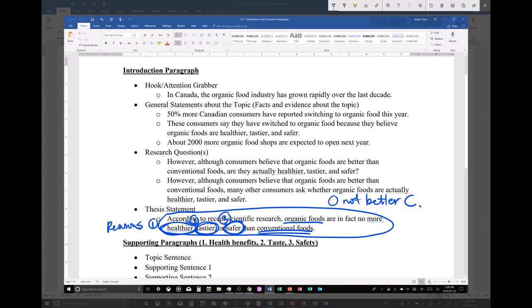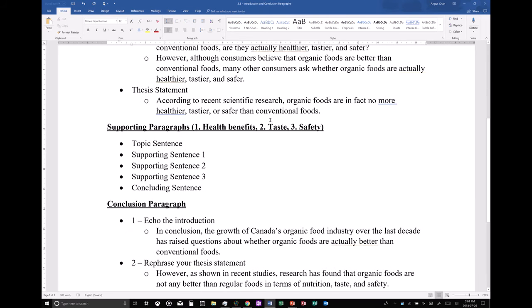And what we're going to do in our supporting paragraphs is to develop each reason, starting with 1, then 2, then 3. So we're going to use this lecture to help us develop our body paragraphs. So the first thing we could do, if you started making this, or if you haven't, you should start now, make an outline like this.